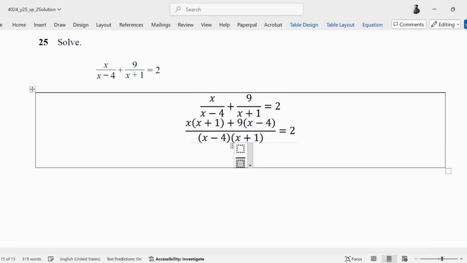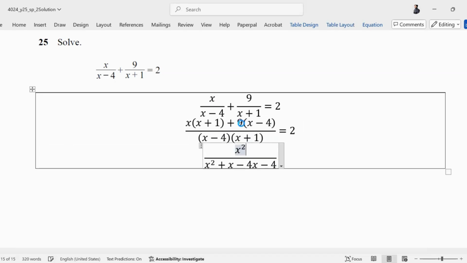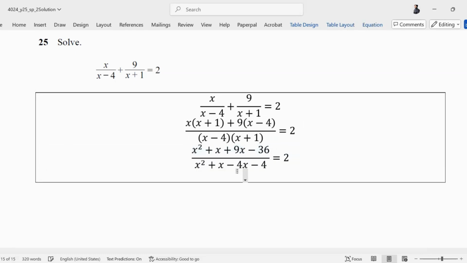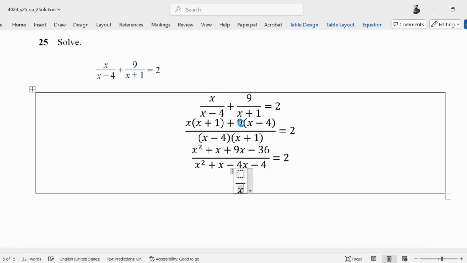Be very careful with the denominator. First, let's just expand the denominator: x squared plus x minus 4x minus 4. Numerator: x squared plus x plus 9x minus 36 is equal to 2. Please make sure to simplify the like terms or else you'll be making things very messy for yourself. Minus 3x minus 4.